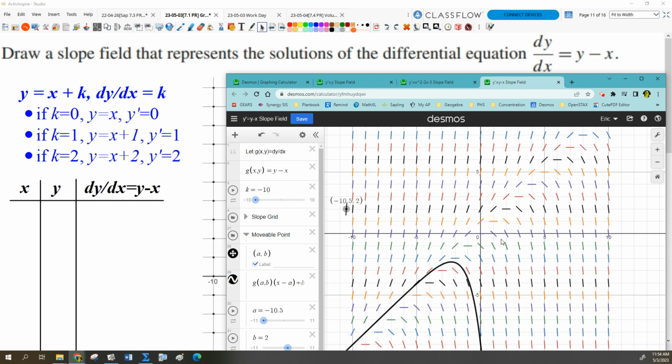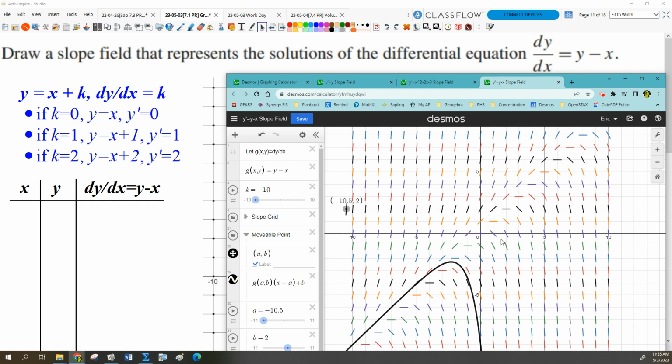If the derivative is equal to k and k is 0, then I just get y minus x equals 0. That's the same thing as y equals x, right? So look what happens then. If I look at the line y equals x, which is a line with slope of 1 through the origin, what do you notice about all those slopes there? They're 0. Look at that. Isn't that cool?